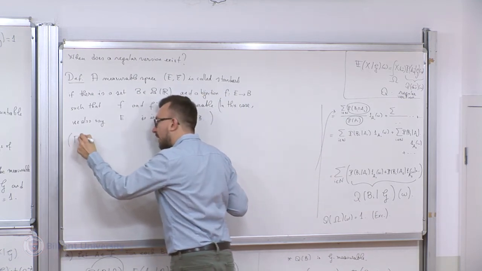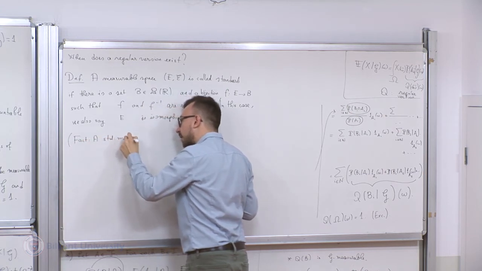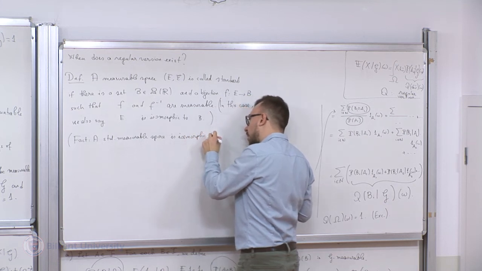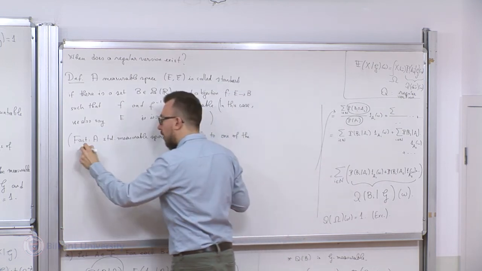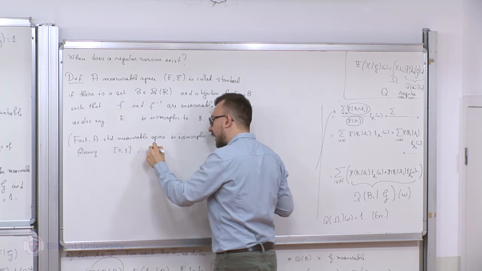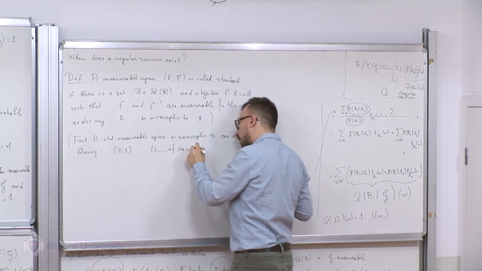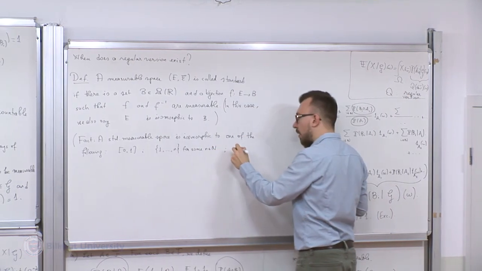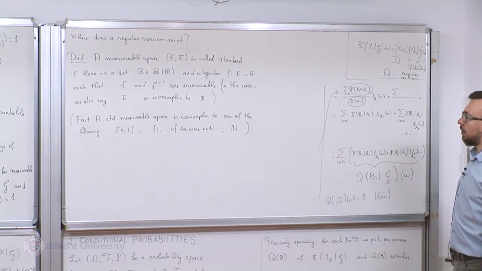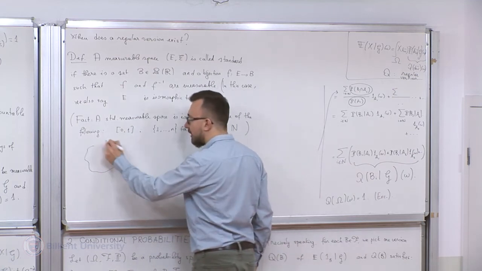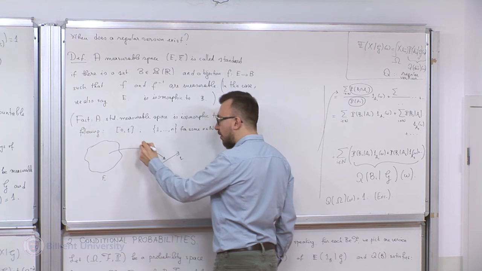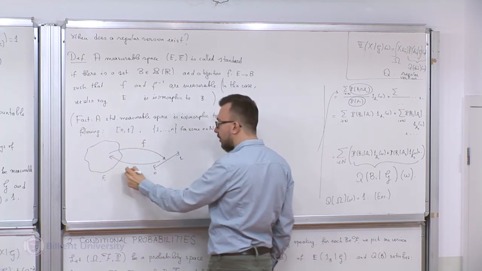So a fact is that a standard measurable space is isomorphic to one of the following: the interval [0,1], a finite set, or the countable set N. So in other words, you have an abstract set, and you can map it to the interval [0,1] by a bijection whose inverse is also measurable.